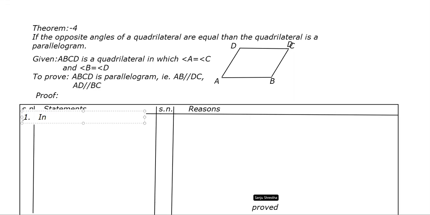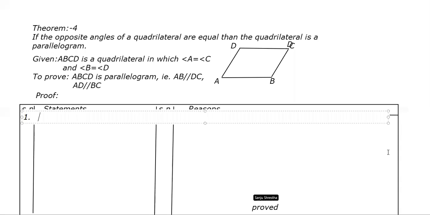Here directly we can write all the angles are equal: opposite angle A and angle C, angle B and angle D are equal.